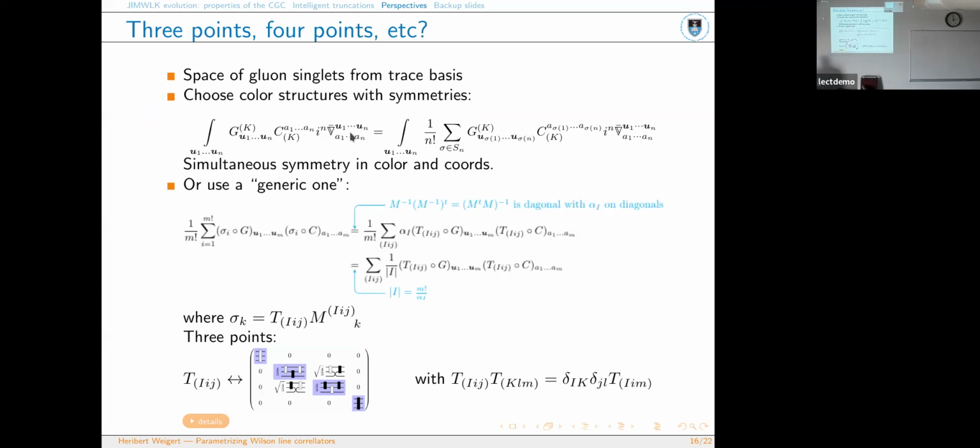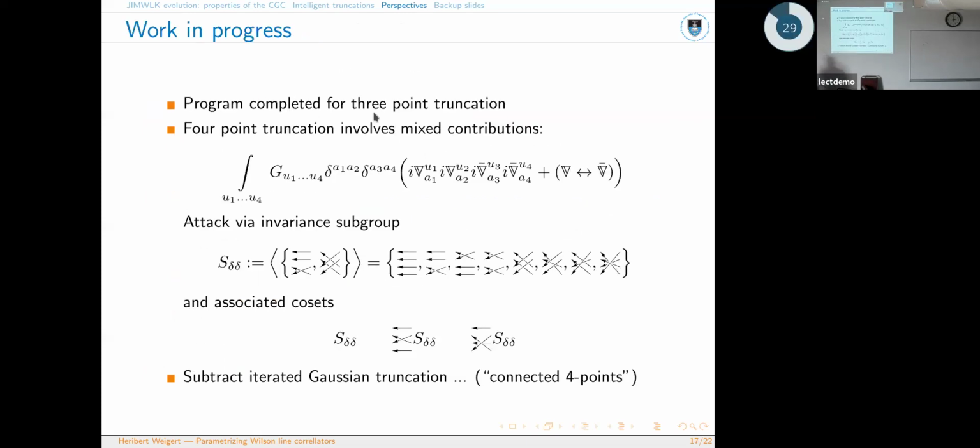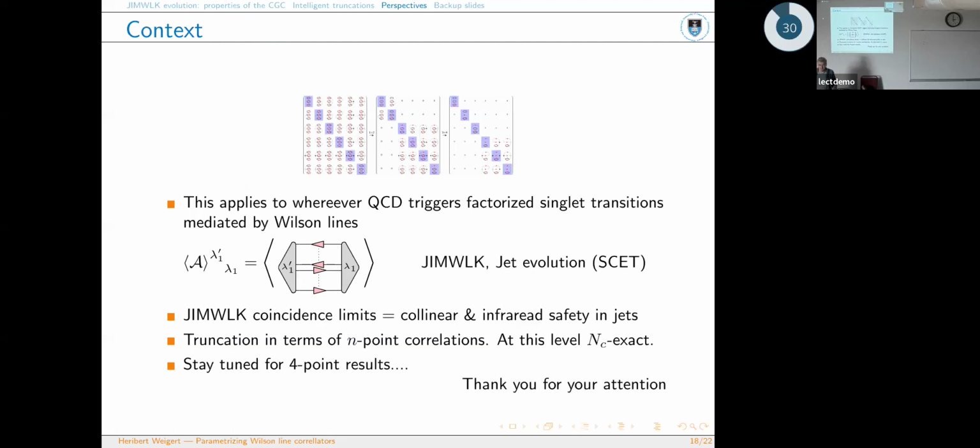So that's what we're doing right now. We're working through this. There's quite a bit going on here in terms of symmetry groups of these projection operators. They're invariant subgroups, cosets, lots of math games, quite entertaining.